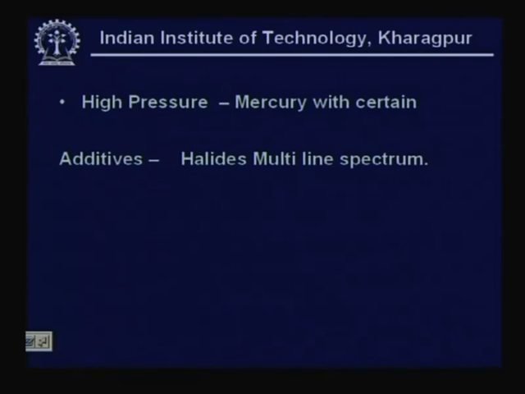They make it somewhat continuous and a little multi-line. Though not a continuous spectrum like an incandescent lamp, it enables us to get some more lines in the visible zone, especially where the peak sensitivity is.